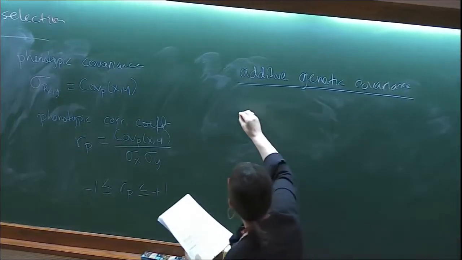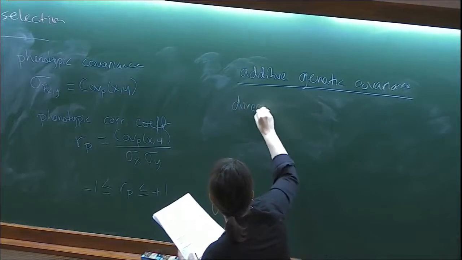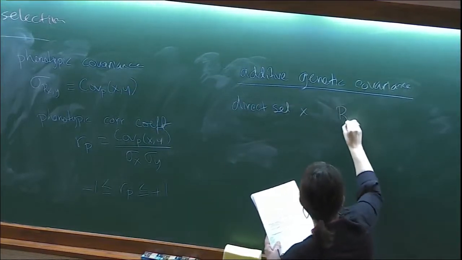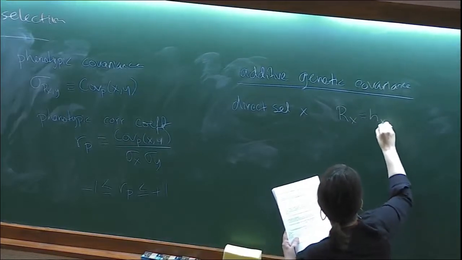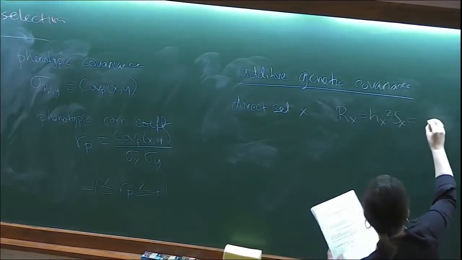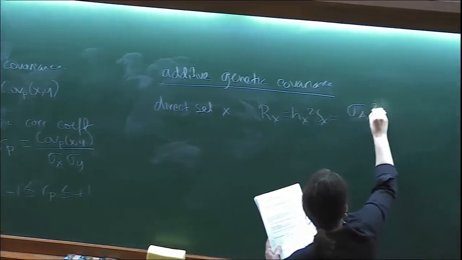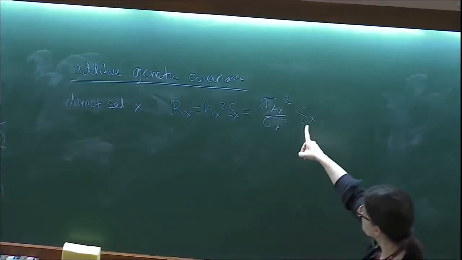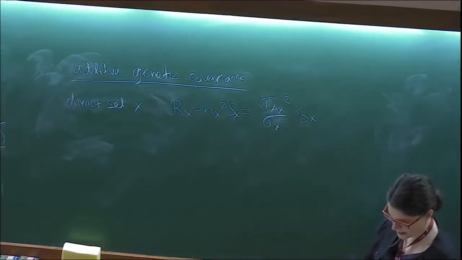So if you direct selection on X, it gives you a response in X, which we've written various ways, but I want to write it like this, in terms of the selection differential and the additive genetic covariance.